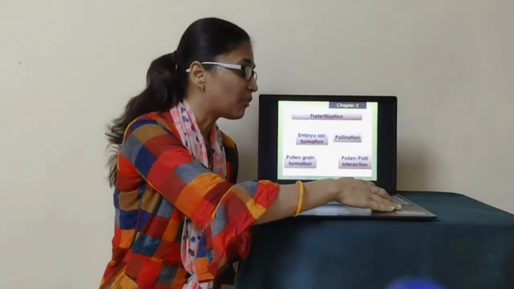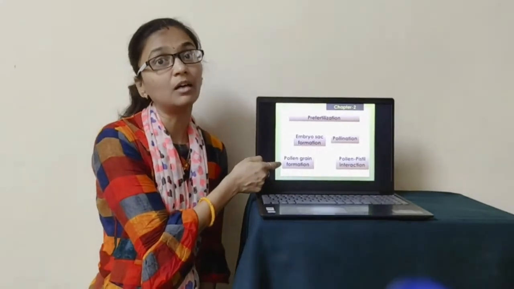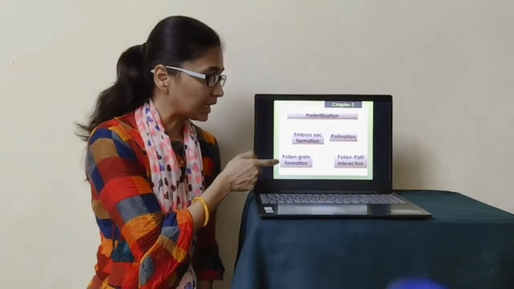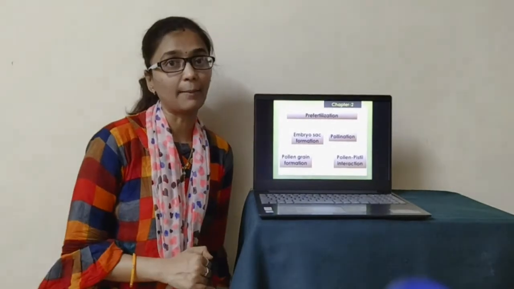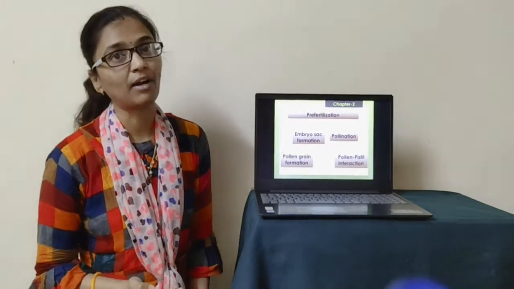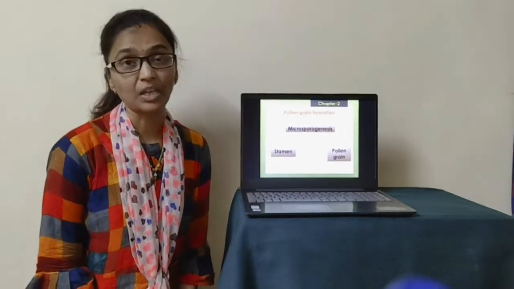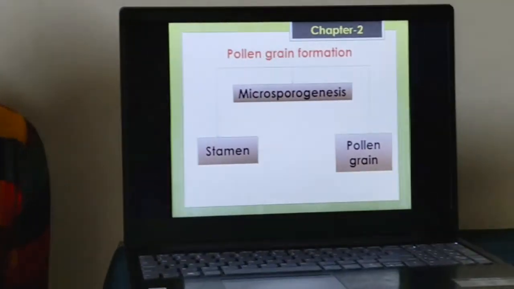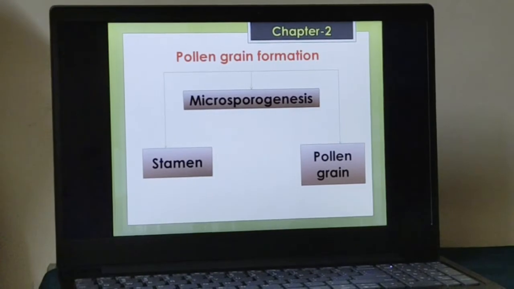Now, first we will take the first step in pre-fertilization, that is pollen grain formation. First we will study how the male gametophyte is formed, then we will study how the female gametophyte is formed. So first we will study pollen grain formation. As you know, the pollen grain will form from the male organ. Which is the male organ in the flower?